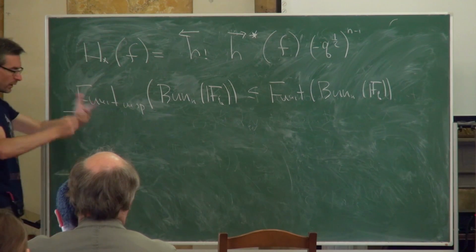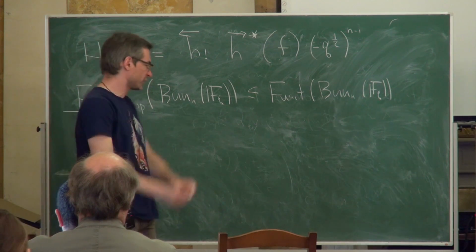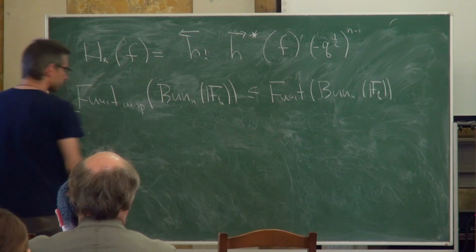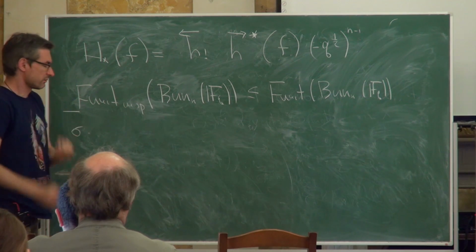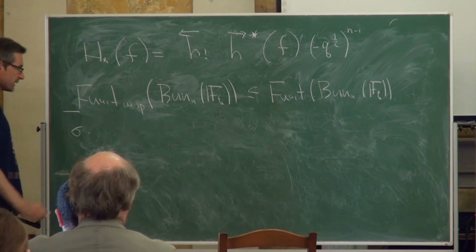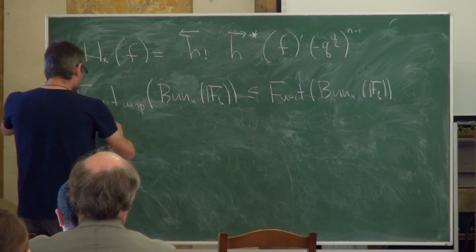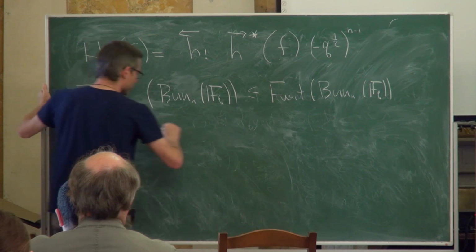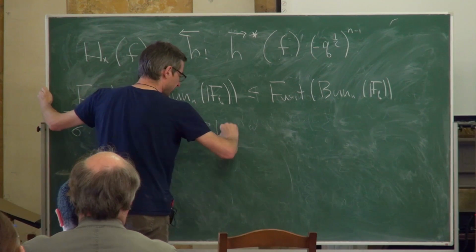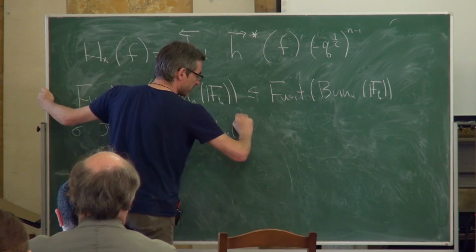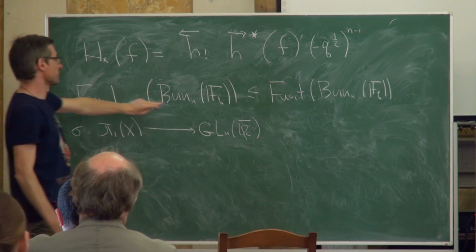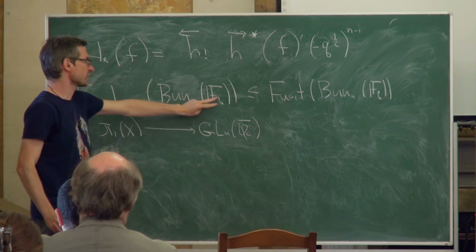That's where the Langlands picture comes into the game. Let sigma be, now we're getting into somewhat more technical mathematics, a representation of the étale fundamental group of X into GLN of Q_l bar. So I'm assuming that the coefficients of our functions are Q_l bar.